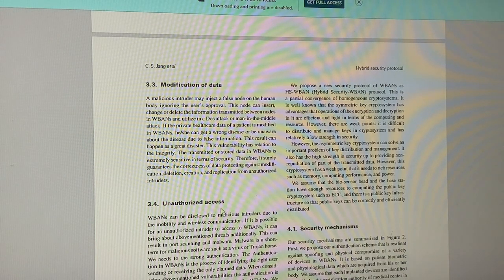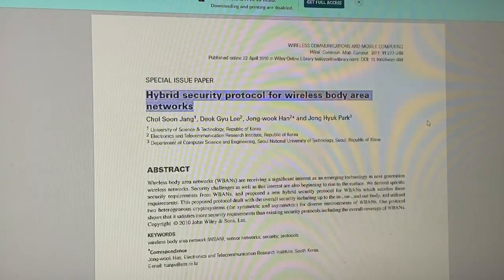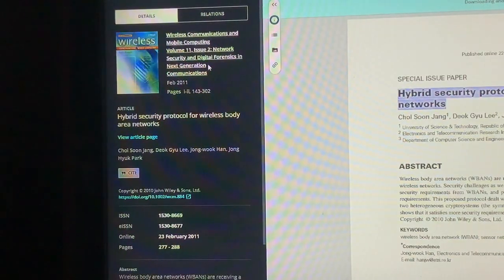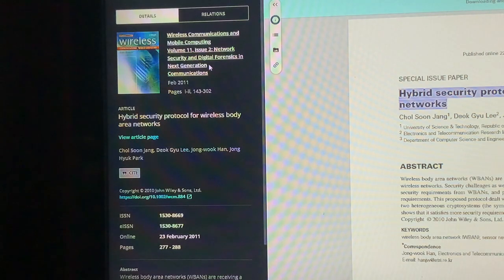We know that you can be hacked in 2011. That's why Oxford and Cambridge are talking about it, in Wireless Communication and Mobile Computing, Volume 11, Issue 2, Network Security and Digital Forensics and Next-Gen Communications. But I'm sure Odious Odie knows more than them, too. Boy, we're stacking up quite a list here.